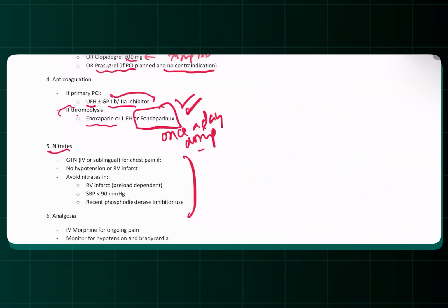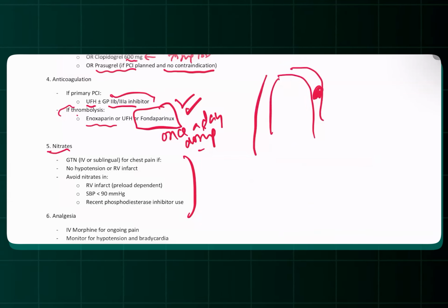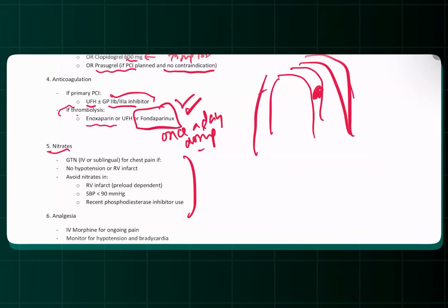If you look at any algorithm, nitrates are nowhere in acute coronary syndrome, specifically in STEMI. Why? Because let us say this is the blood vessel and this is occluded here, and then there are other vessels. So whenever this happens, the nitrates increase the lumen irrespective.